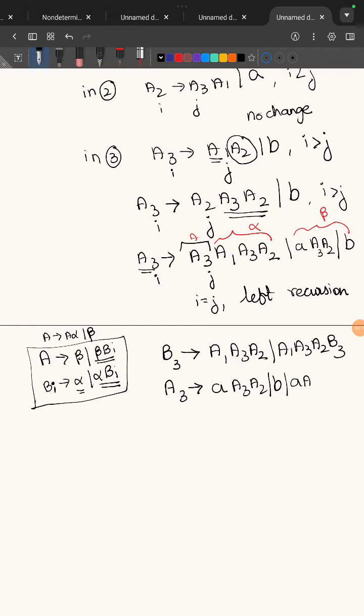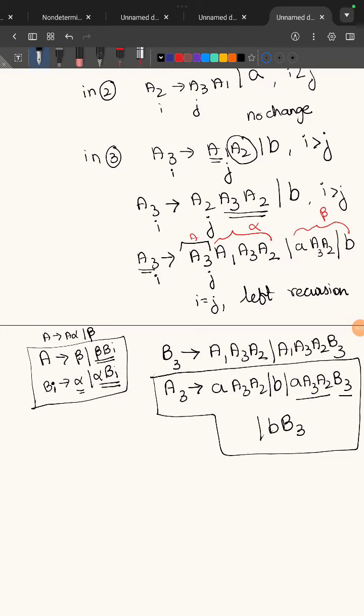So it is A, A3, A2, B3, because this is your beta and this is your new variable B3, followed by B, B3. So this is your A3 and this is your B3.